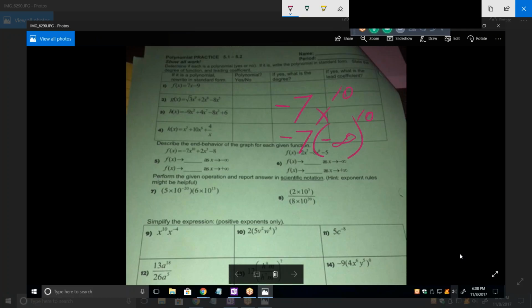What does that turn into? Positive infinity. All right, so the next step is to put positive infinity in there. We don't need the 10th power anymore. Now you have infinity times a negative number. What's that equal to? Negative infinity. Okay, that's our left-hand end behavior. So that is negative infinity.